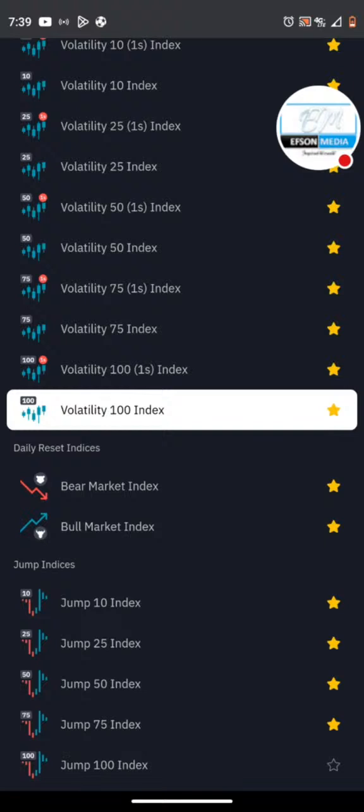You have the volatility 75, volatility 75 (1s), volatility 50 index, and so on and so forth. You have the bull markets and the bear markets. They are all available.